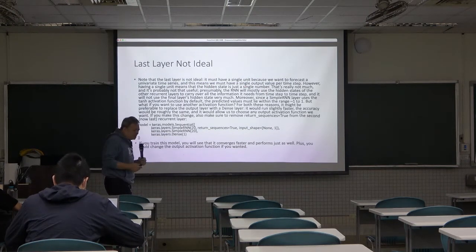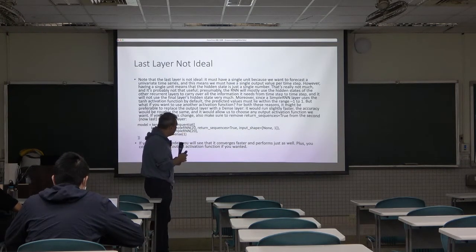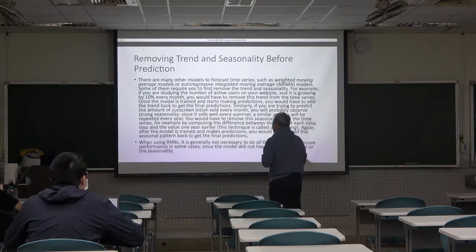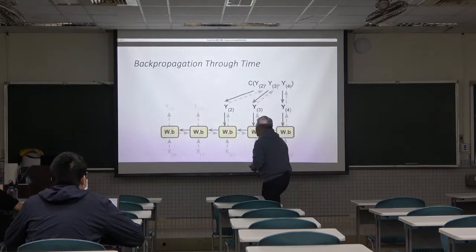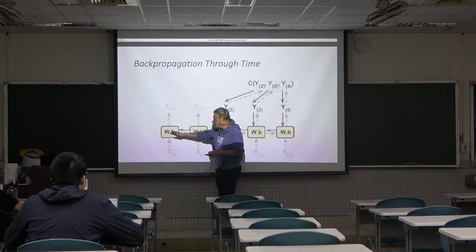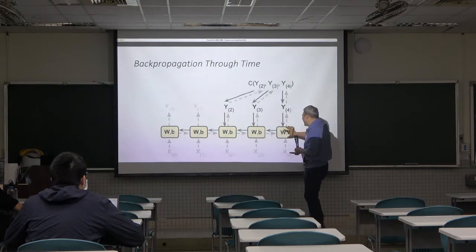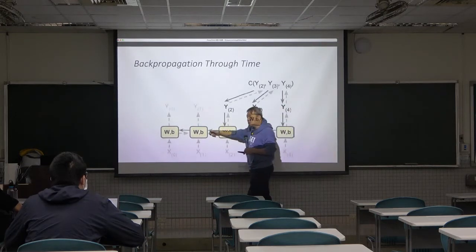Remember the example I showed you: in the last layer, you are going to expand 50 time steps, and only the output of the last one will be used to compare with the ground truth, right? So we will have a gradient flow back.